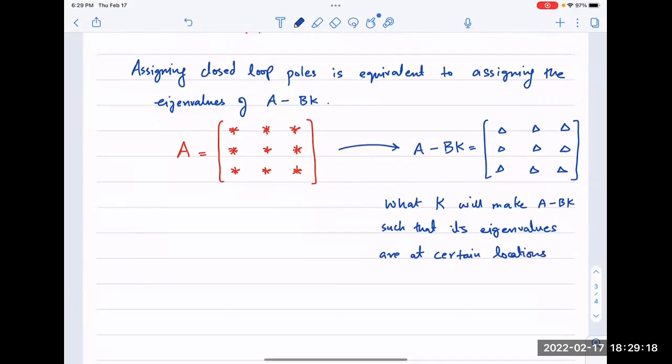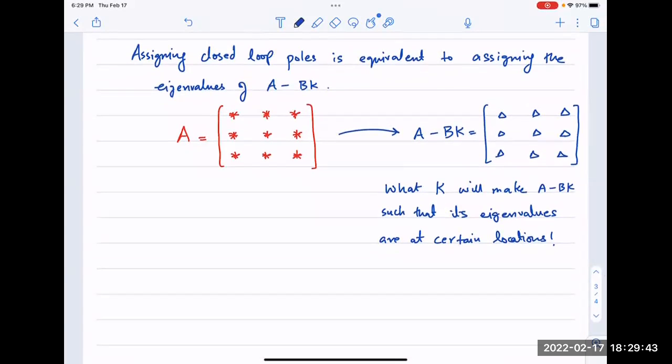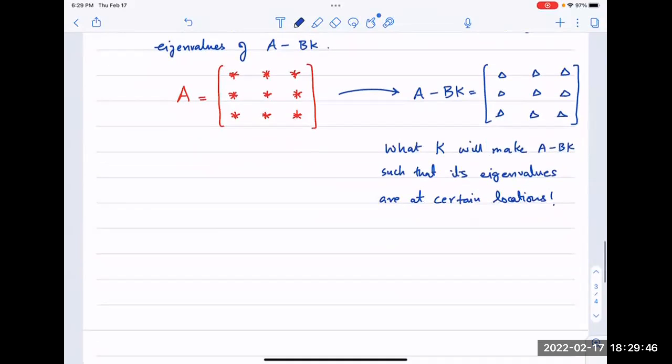It's like I'm asking you to design a matrix. We have to see where all the entries of the matrices should be, which makes sure that the eigenvalues of A minus BK are at certain locations. And again, you see, this is a hard problem. So that's where the beauty of controller canonical form comes into the picture.